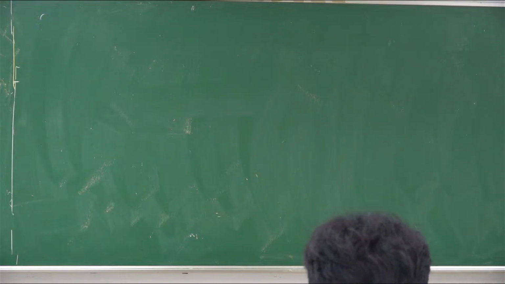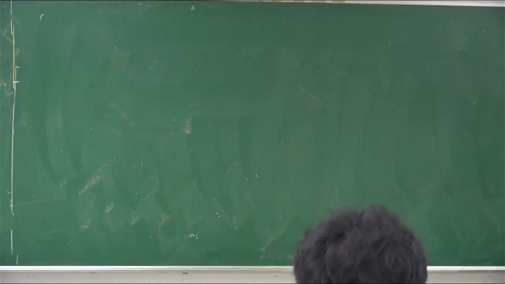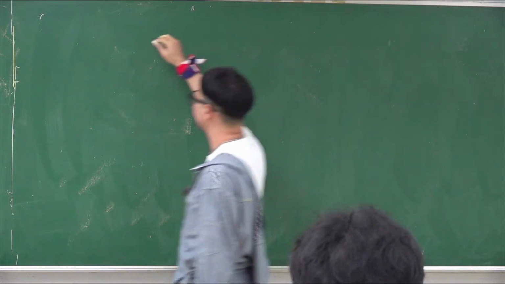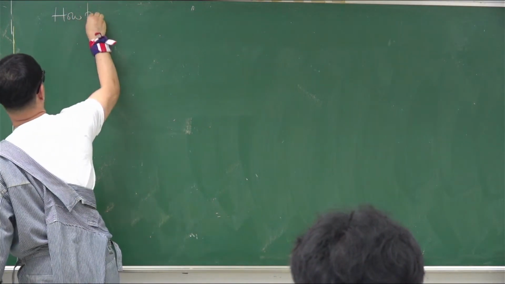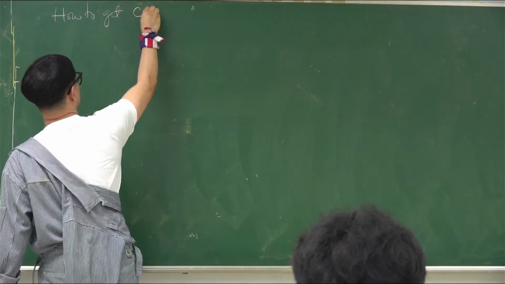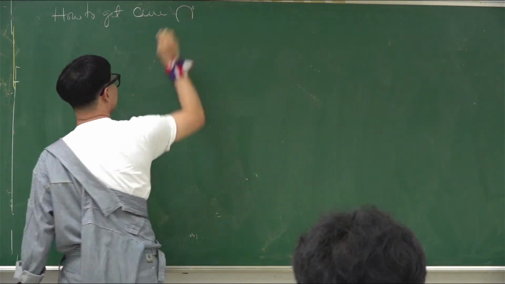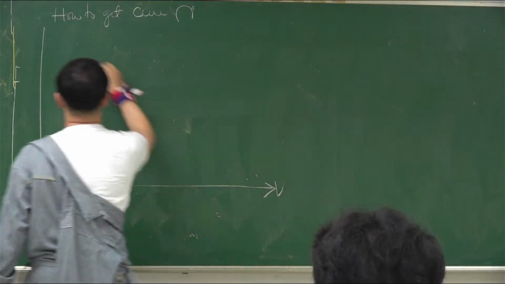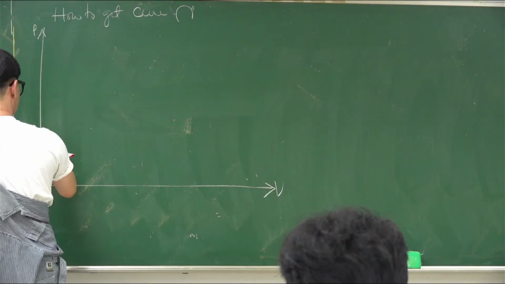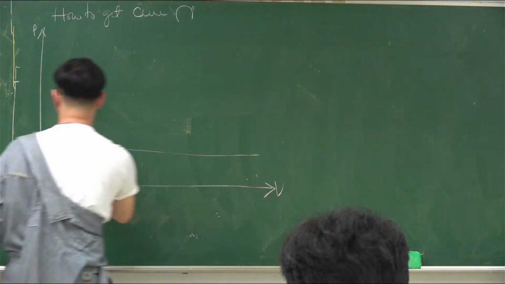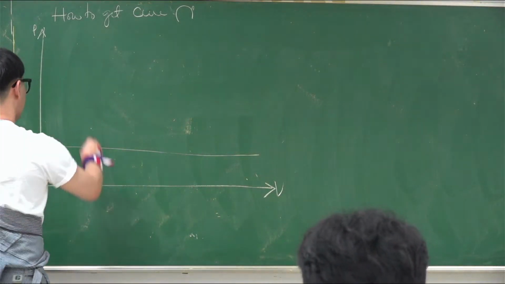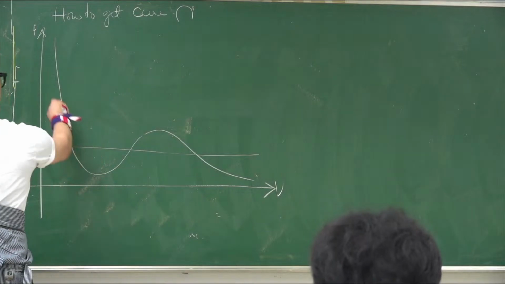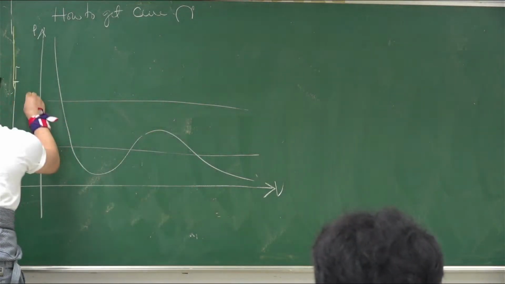So the question is how to get this kind of curve C, right? What we could do is, if you consider this P, you're going to have a curve like this. And then you go up again to a new P here.